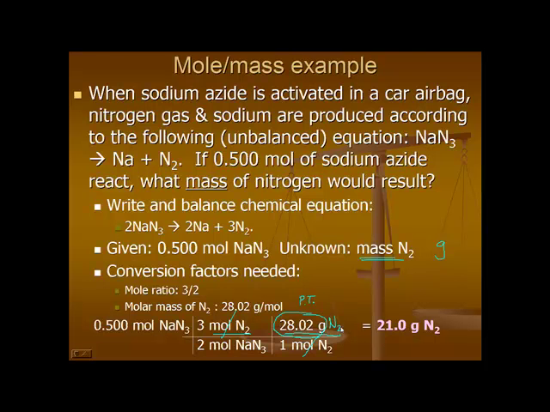Since I had more than one nitrogen, I had to look up nitrogen and add the 2 together. Now all I have to do is multiply across the top, divide across the bottom, and that gives me 21 grams of nitrogen. The reason I wrote 21.0 rather than just 21, in case you have not noticed or remembered, is significant figures. It's 3 sig figs in my question, therefore 3 sig figs in my answer.